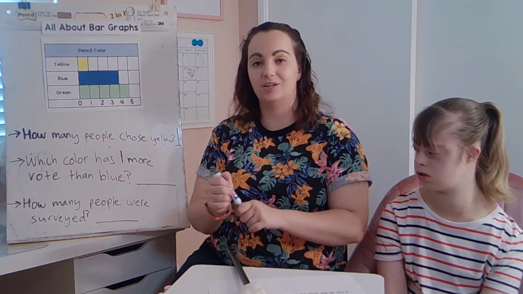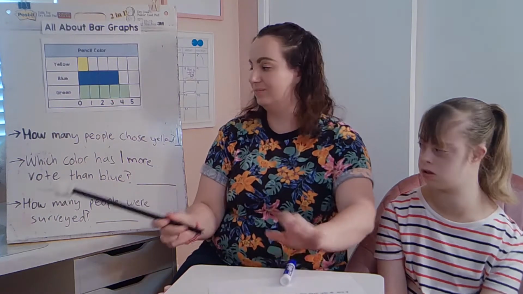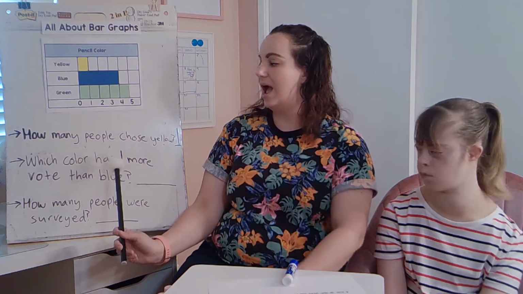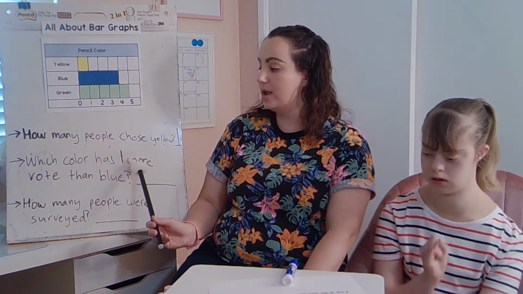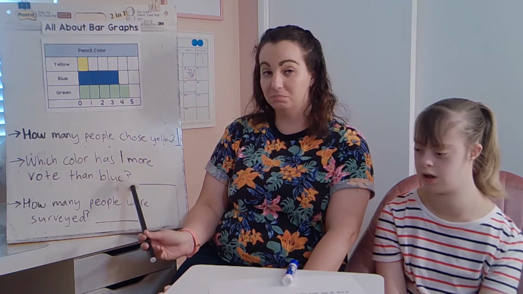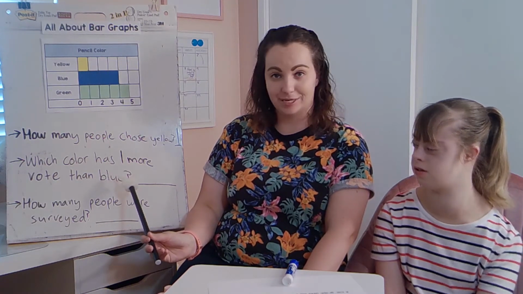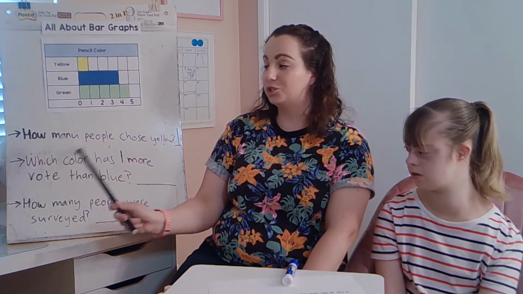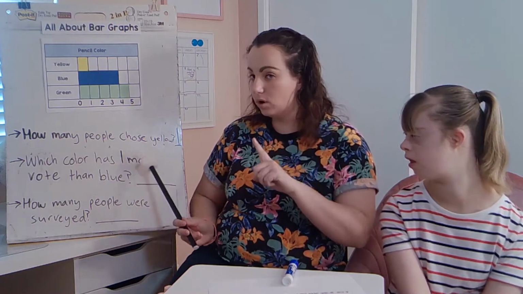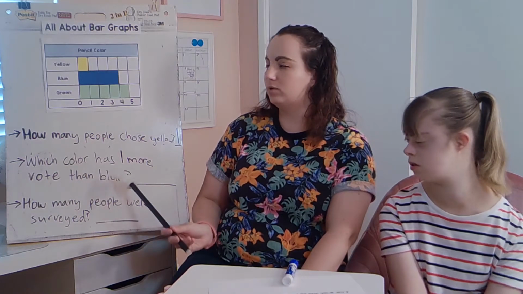Okay, let's look at another type of question. This question says, which color has 1 more vote than blue? Interesting one. Let's read it again. Which color has one more vote than blue?